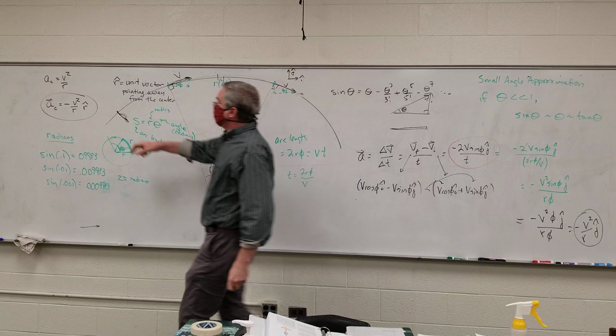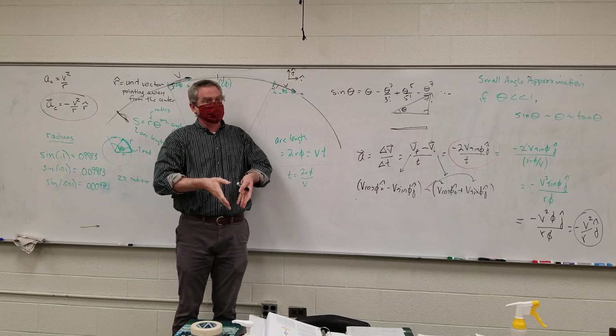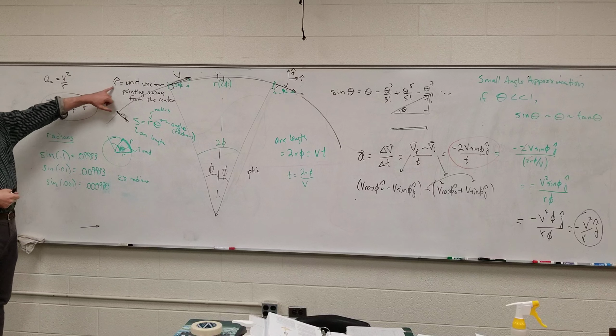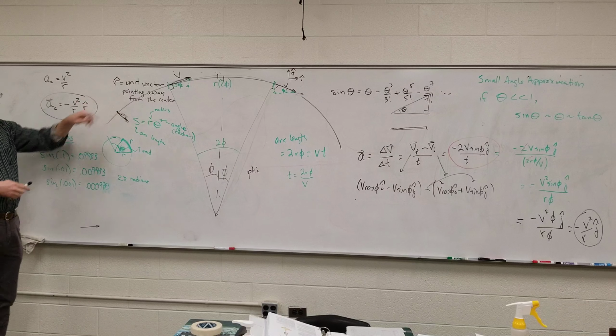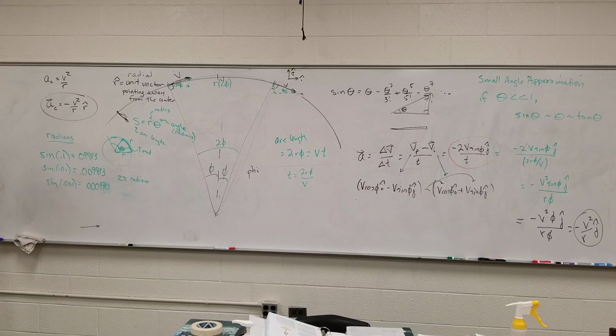The magnitude is the speed squared divided by the radius. The direction is towards the center. The way that is generally indicated is we bring in what's called the radial unit vector. The radial unit vector is defined to be pointing away from whatever the center is. Because centripetal acceleration points towards the center, we throw a negative in there. It just means opposite of away.